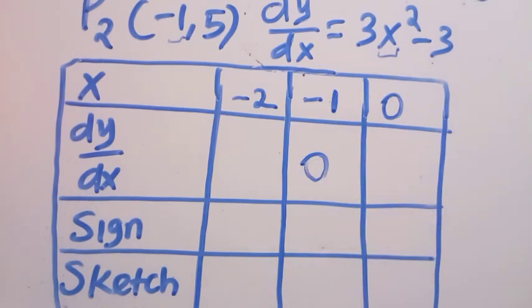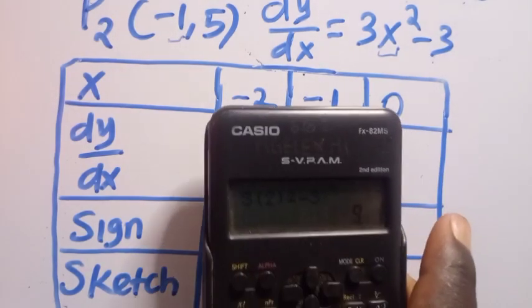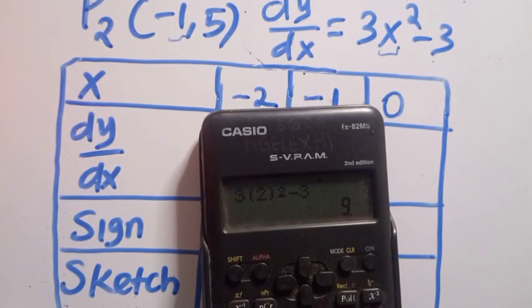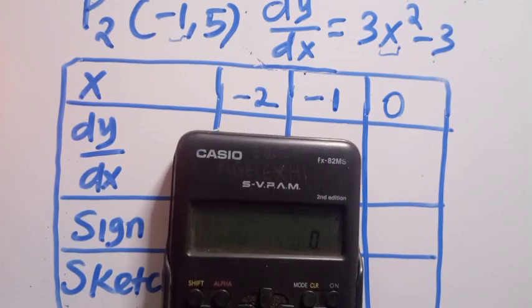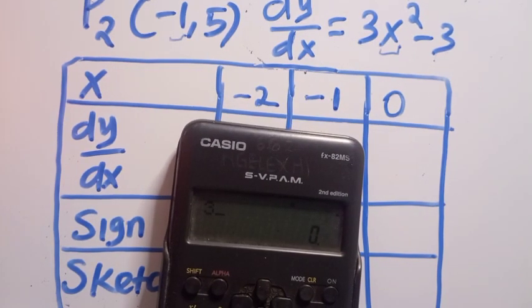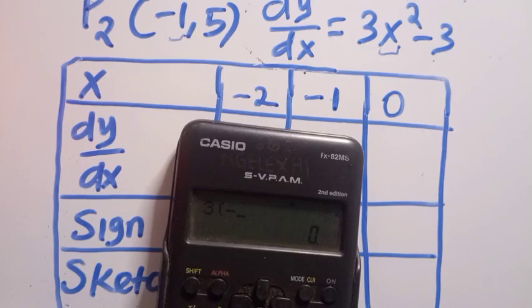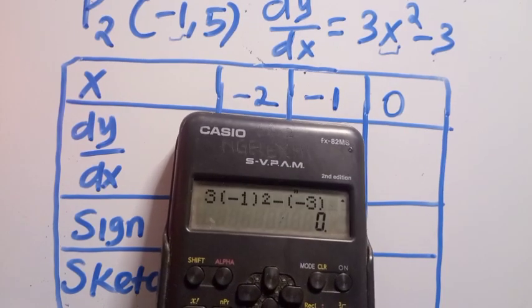And we can prove that by pressing it in our calculator: 3 into negative 1, then squared, then minus 3.